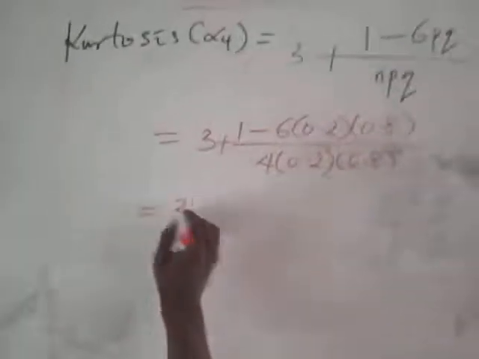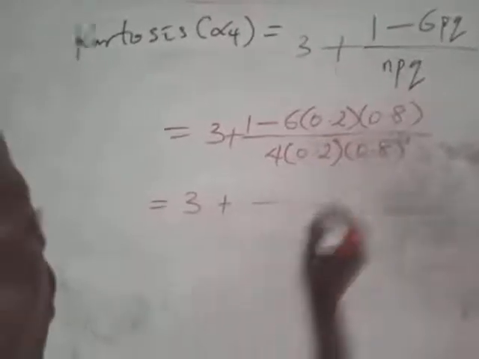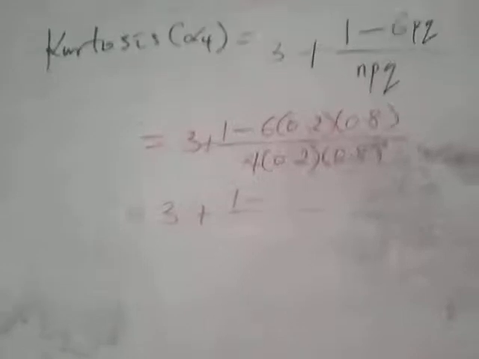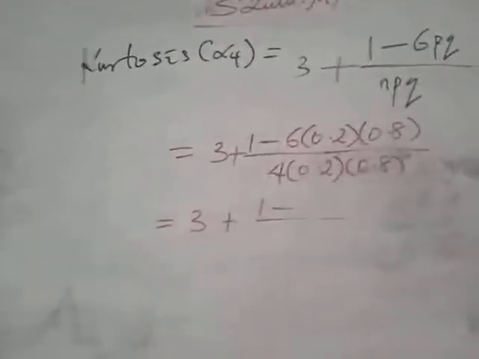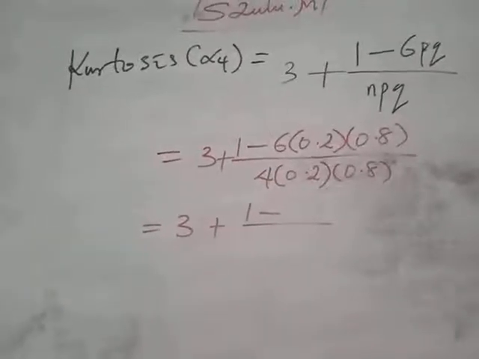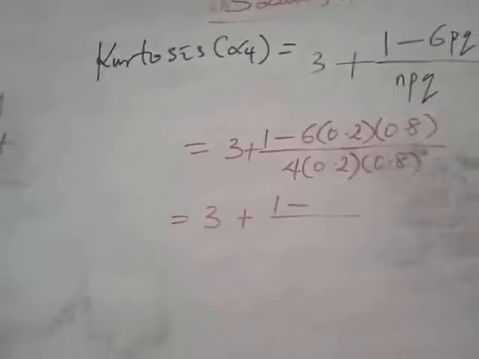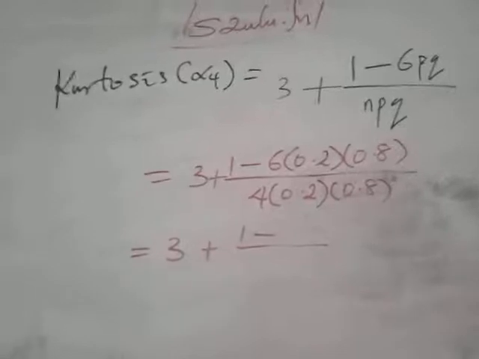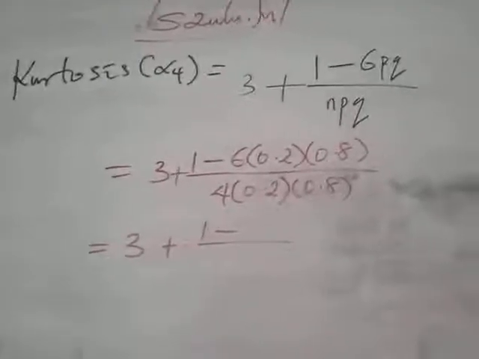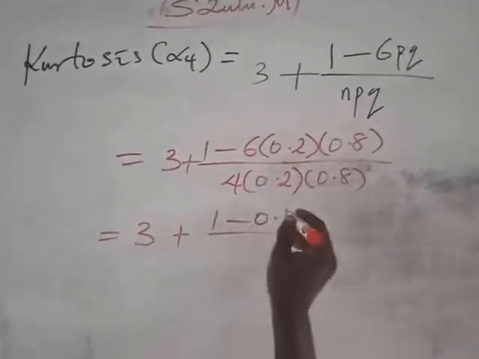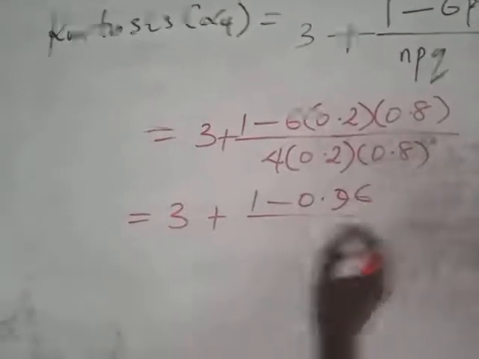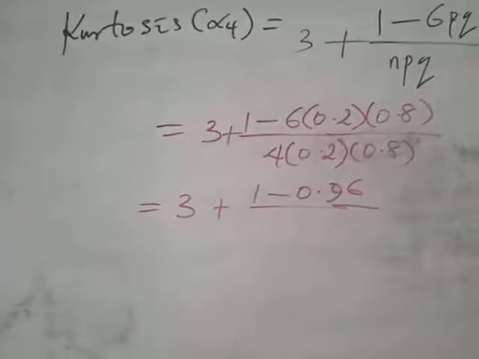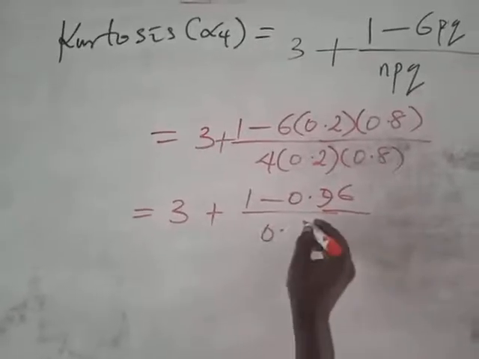So this is 3 plus 1 minus, so let's simplify this. We have 6 times 0.2 times 0.8, so this one will be 0.96 all over 0.64.